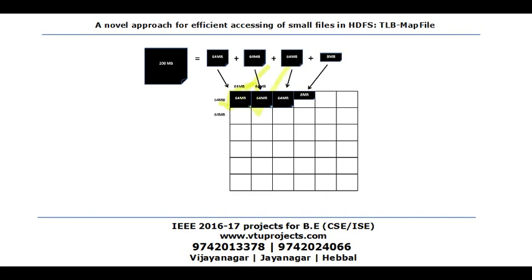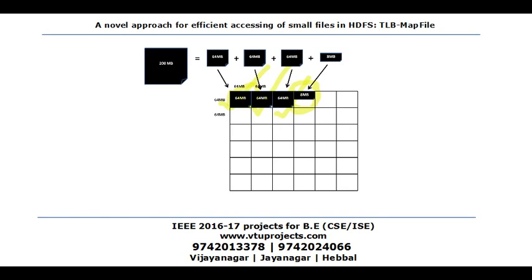In the second and third blocks also the entire 64 MB is used. So we achieved 100% utilization in the first three blocks. But in the fourth block, we have used only 8 MB of 64 MB, so utilization is not 100%. The remaining 56 MB is wasted.